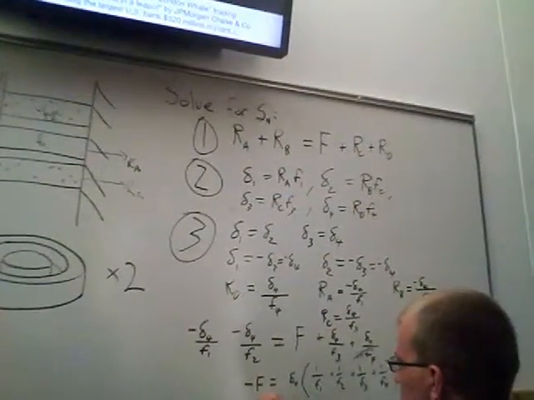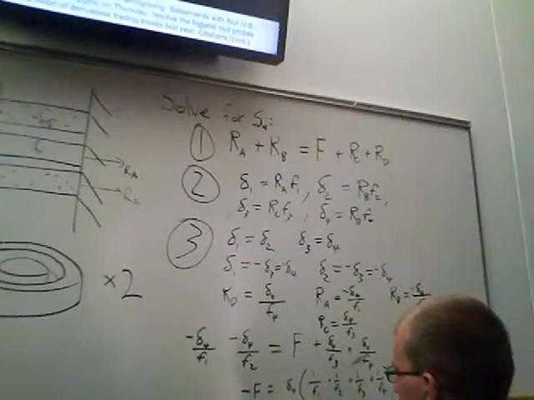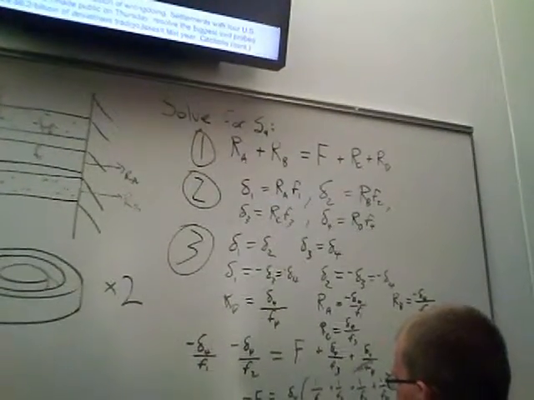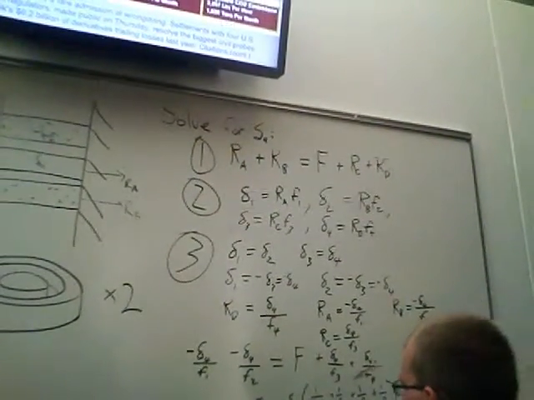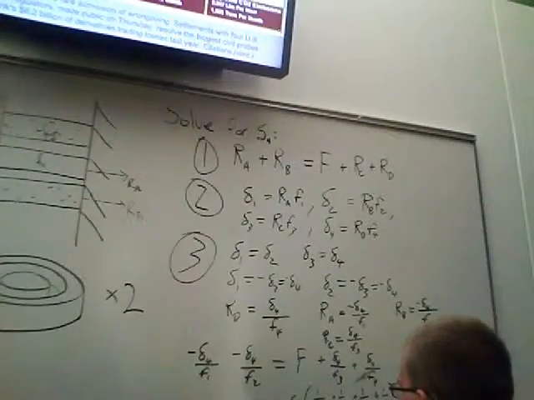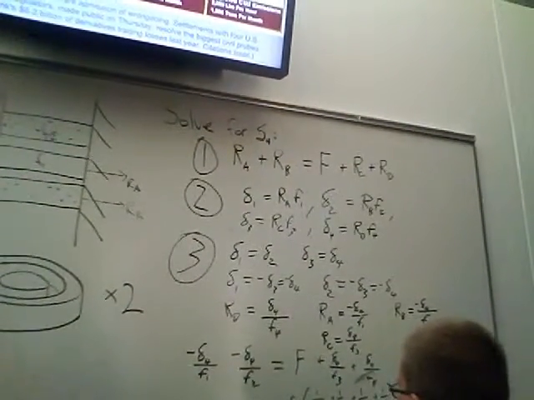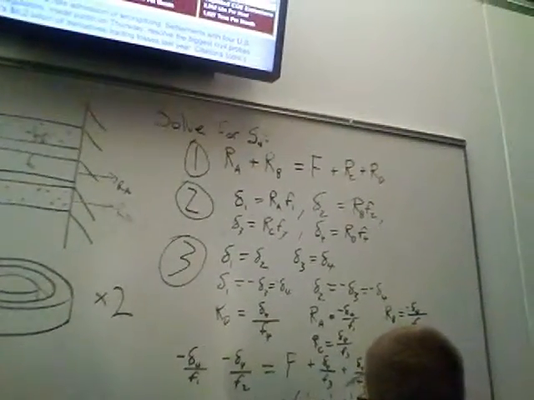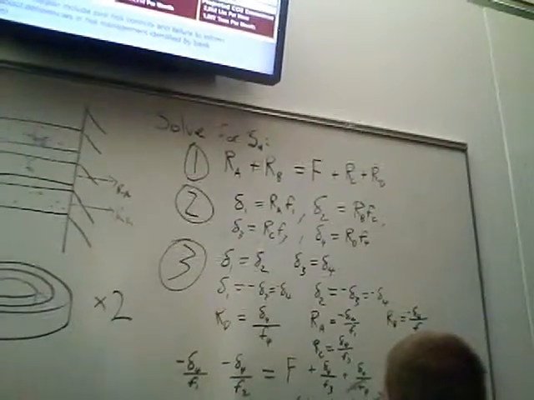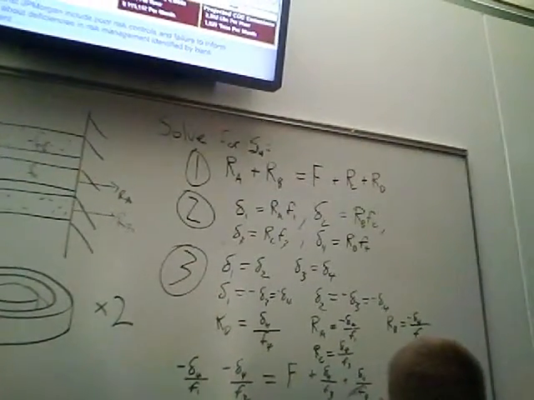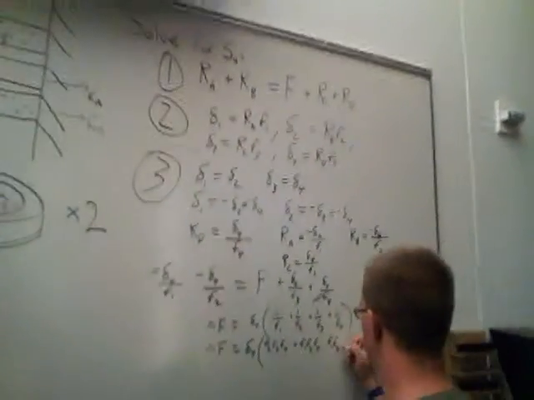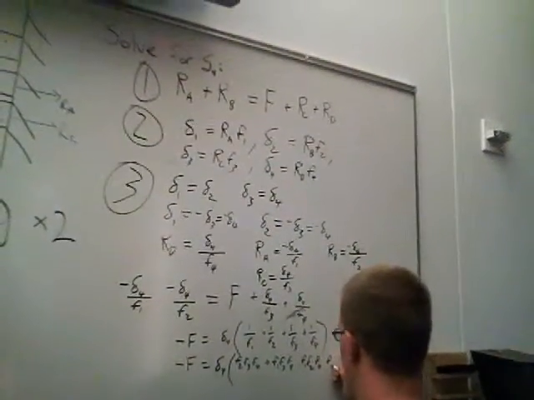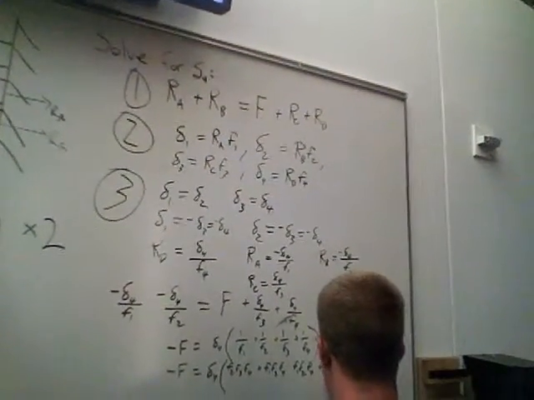So this is equal to negative F equals delta 4 times the quantity F2 F3 F4 plus F1 F3 F4 plus F1 F2 F4 plus F1 F2 F3, all over F1 F2 F3 F4, right?